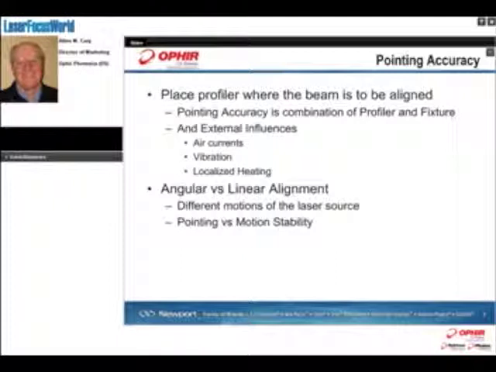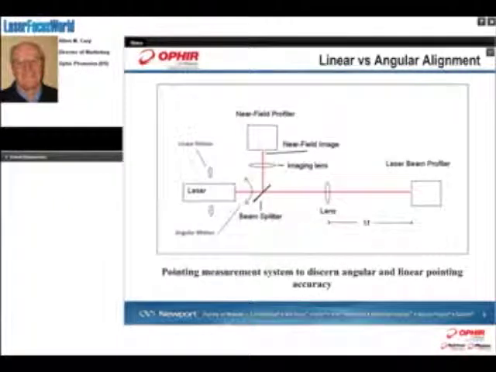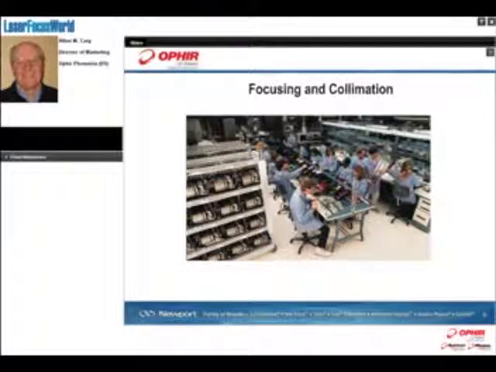So I'm going to skip over this next slide and go to where we talk about focusing and collimation. Now, focusing and collimation both are part of this alignment. This is where you're making the beam have the right spot size or the right focus or the right depth of field or depth of operation that you want within your aligned optical system.